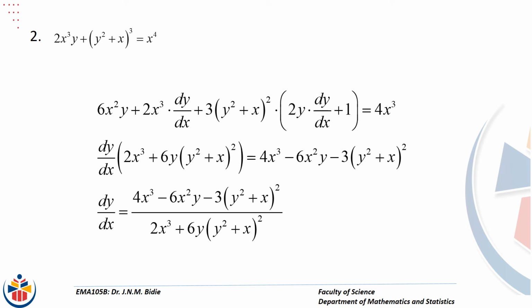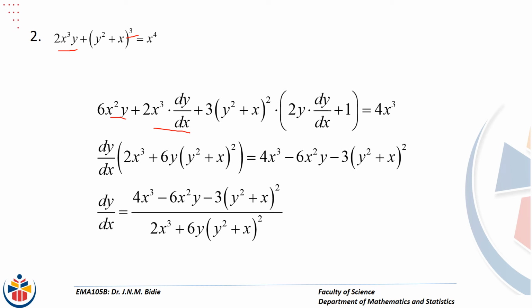I'm hoping you understand that, because we have to do product rule for the first term. So I've got 6x squared y, that's the first term, plus we take down 2x cubed and then find the derivative of y, which is just dy over dx. For the second term, we have the power 3 there, so we have to use the chain rule.